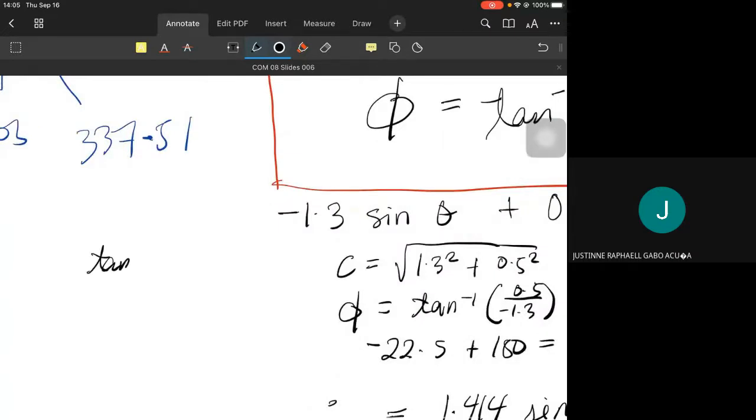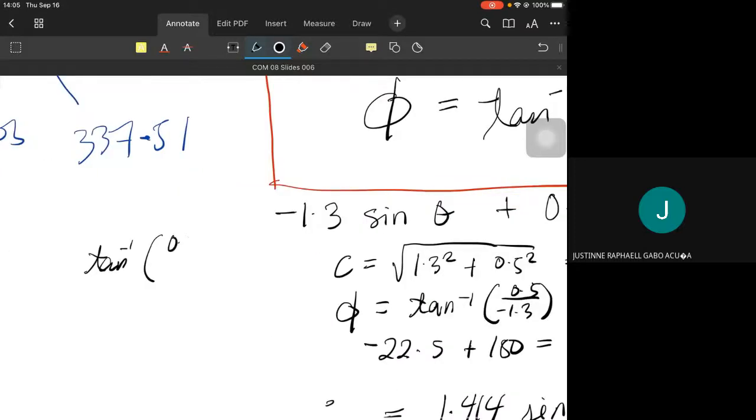Arctan of 0.5 divided by negative 1.3. See what comes out directly from the calculator. It should be exact, though. What is 0.5 exactly? It was rounded off. It's supposed to be 22.5.